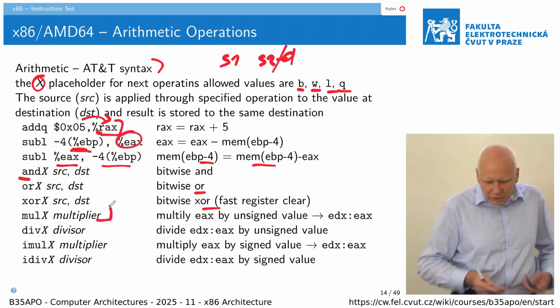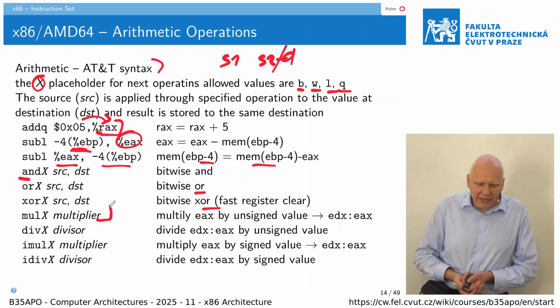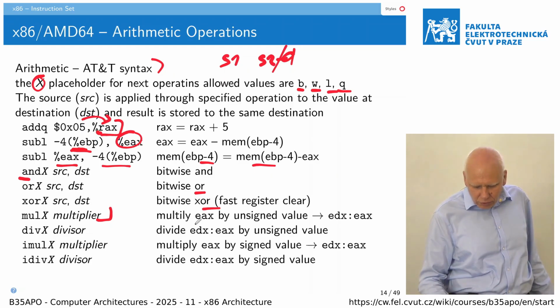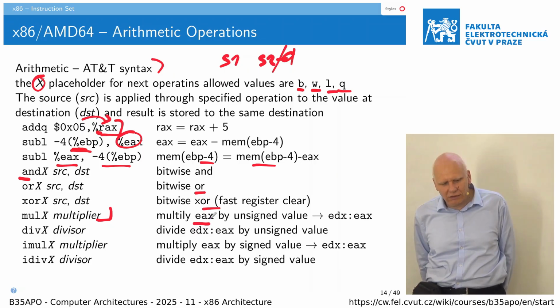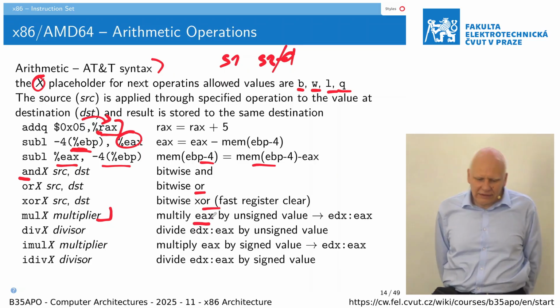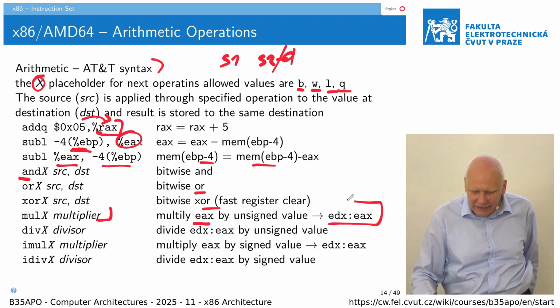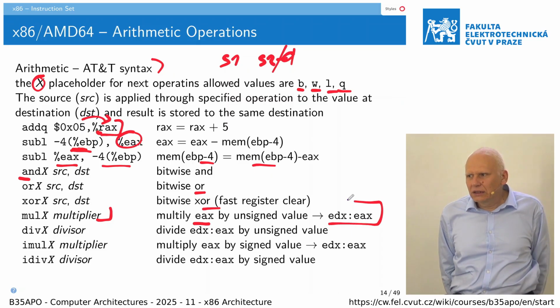There is multiplication and division, which is quite complex. Initially, the x86 allowed to multiply only the AX register with some other register value, and the result was directly put to the DX:AX. So basically it extends the size.